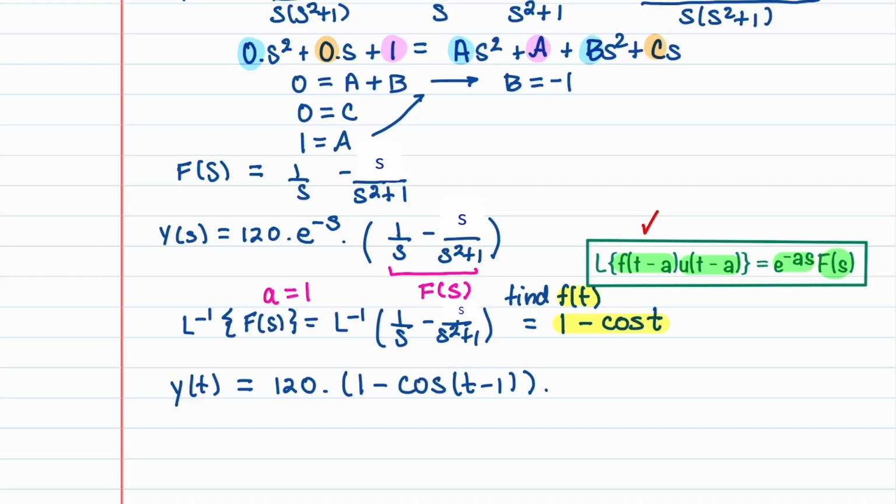And we're going to multiply that by u of t minus a, which is t minus 1. And there's the solution to our differential equation. Notice that the solution starts at 0 because of this term right here, and then it turns on at t equal to 1 and oscillates indefinitely.